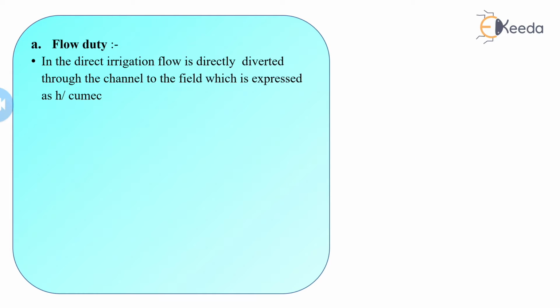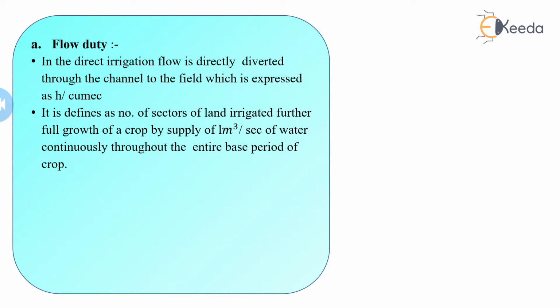So it irrigates this many hectares of land by supply of a unit cubic of water continuously throughout the base period of a crop. This type of duty is called flow duty.